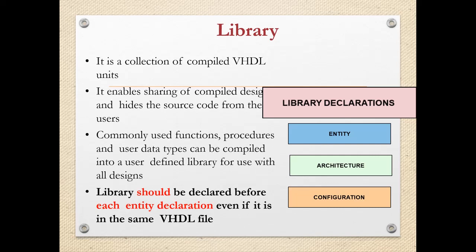The library should be declared before each entity declaration, even if it is in the same VHDL file. So in the structure of the VHDL code, it is a must that at the start we should have the library declaration. The second part of this is the entity declaration.